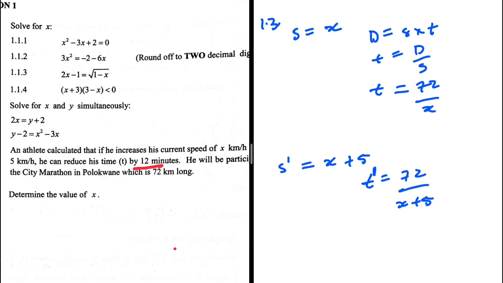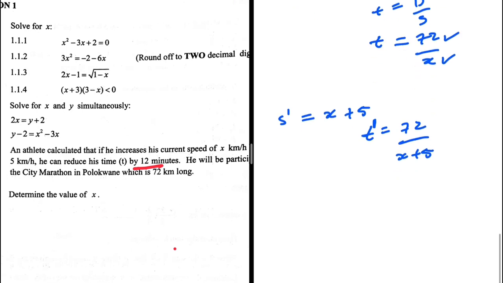T minus t prime should give us 12 minutes. But our distance is in kilometers and our speed is in kilometers per hour. So we need to convert that 12 minutes to hours. So 12 minutes divided by 60. We convert it into hours, all right? So 12 over 60, that is 0.2.